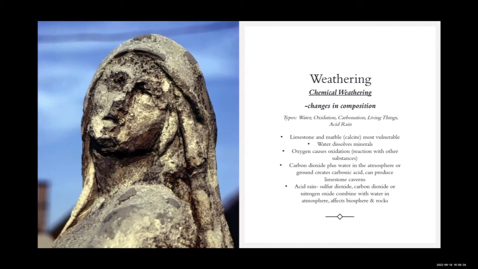So you've got water that is coming down from the sky, and as it's falling, it's coming in contact with sulfur dioxide, carbon dioxide, or nitrogen oxide. Very often it's the carbon dioxide, and it's going to create carbonic acid when it comes in contact with the water. And it's not a very strong acid, it's fairly weak, but over time, as it seeps into the ground, it can cause limestone underground to start to break down and dissolve. And this is how you get limestone caves and caverns underground.